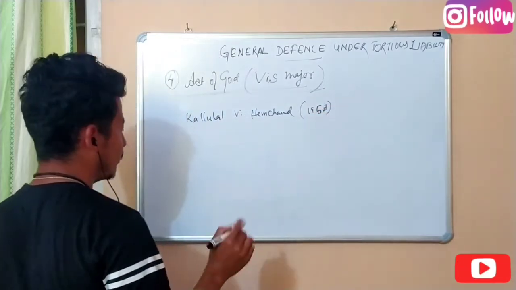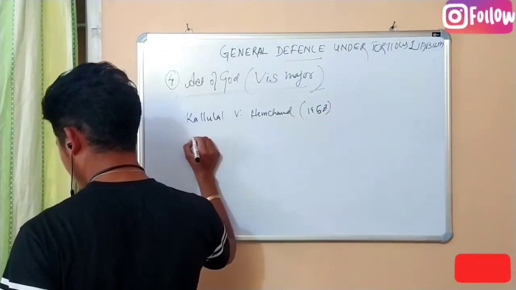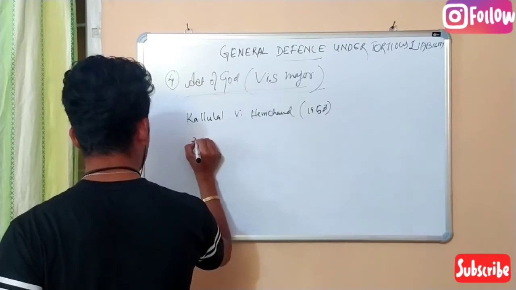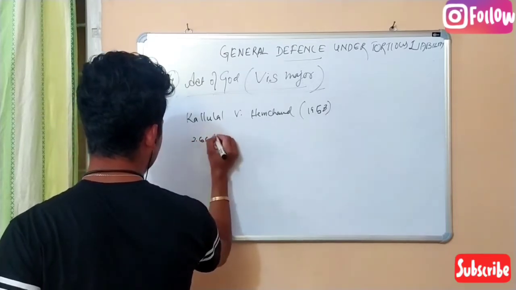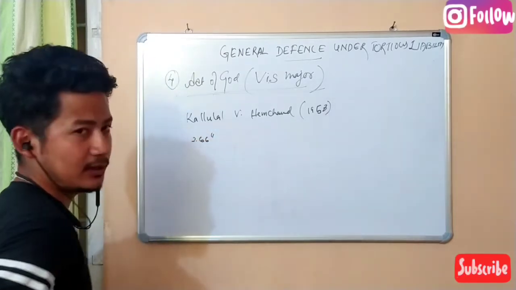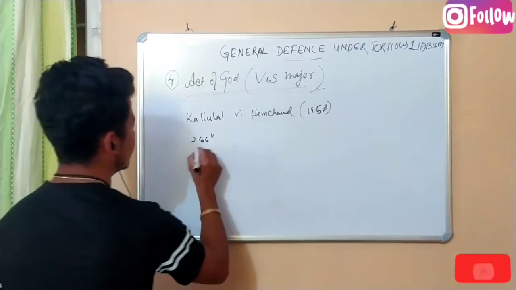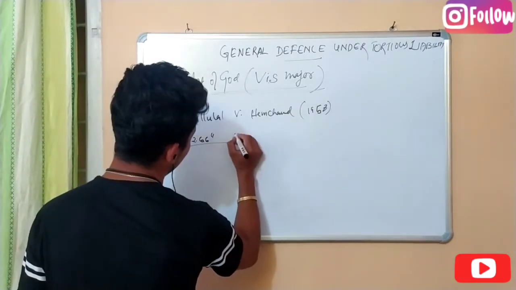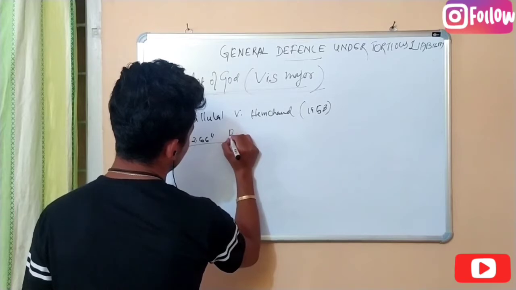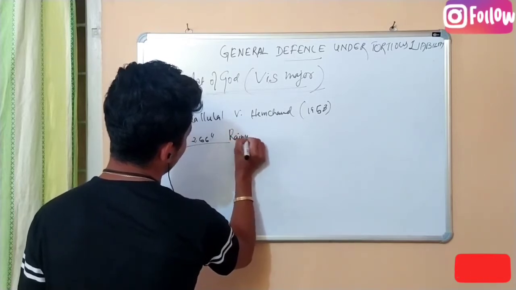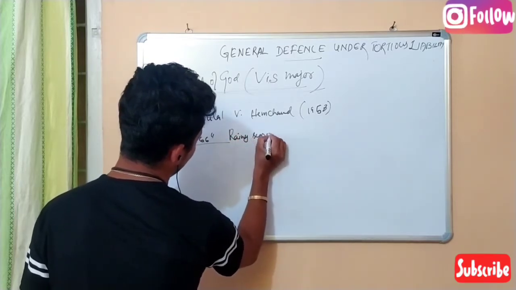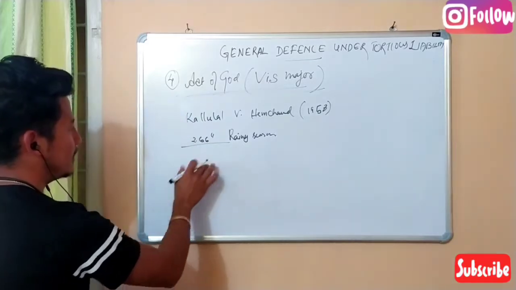So there was a rainfall of 2.66 inch, and it was a rainy season. During that rain, what happened?